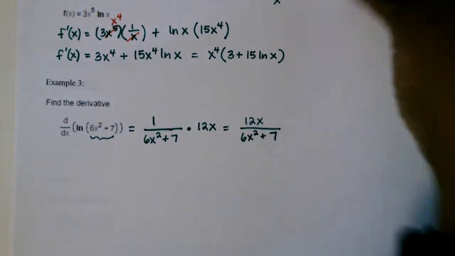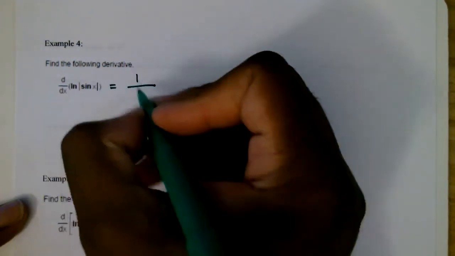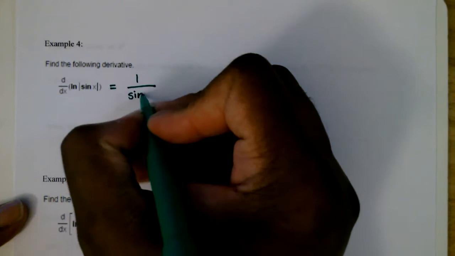Okay. All right, on the next page is finding the derivative with respect to x of the natural log of the absolute value of sine of x. So using that rule, the derivative of the natural log of sine of x would be 1 over the sine of x.